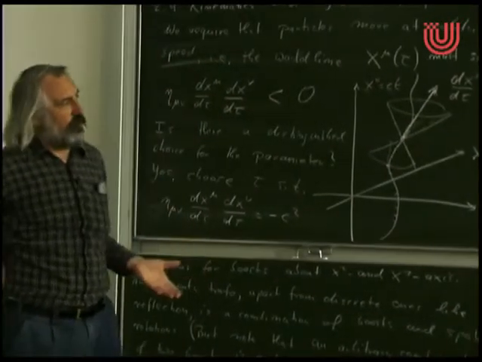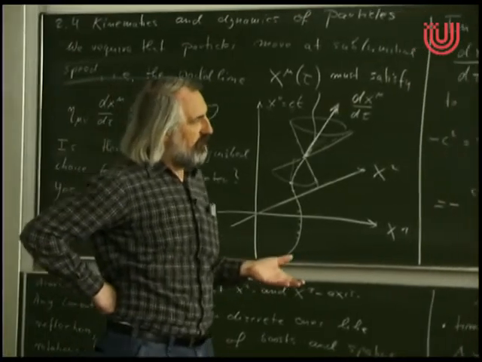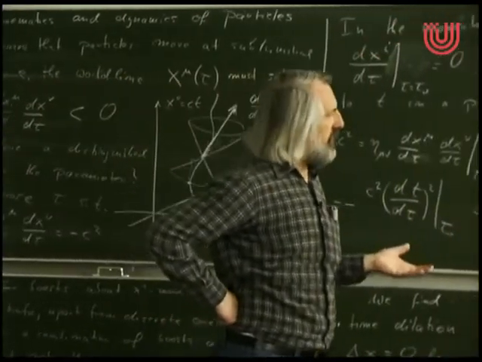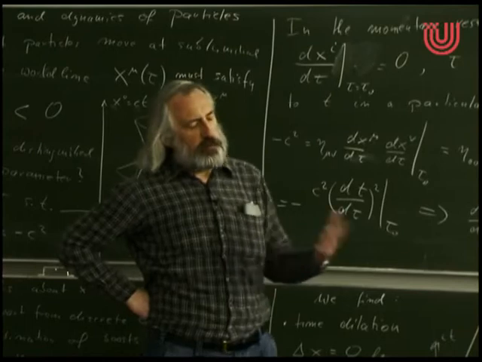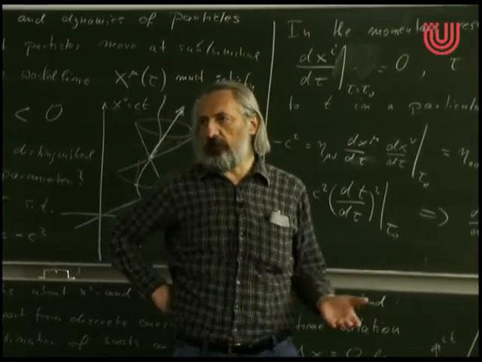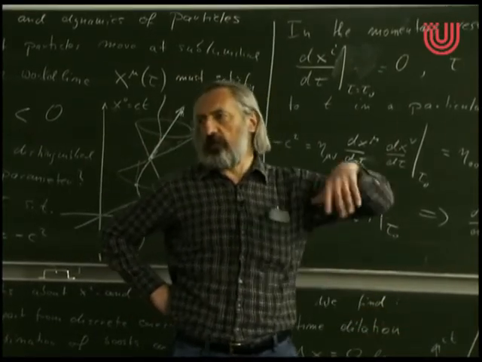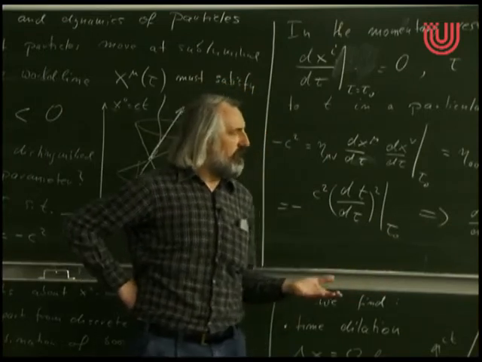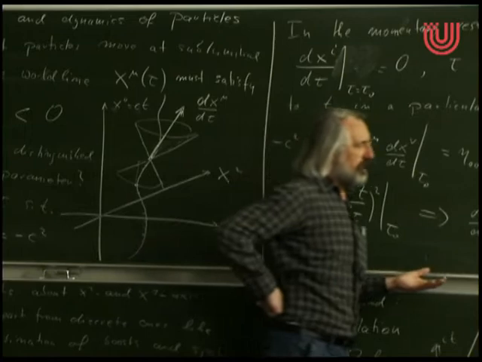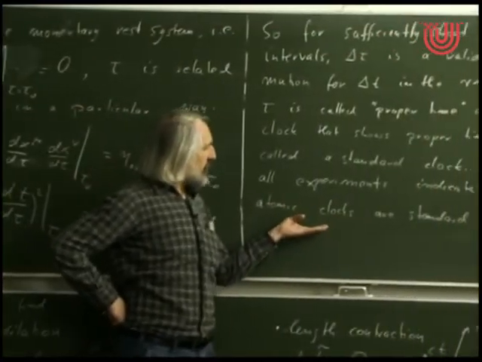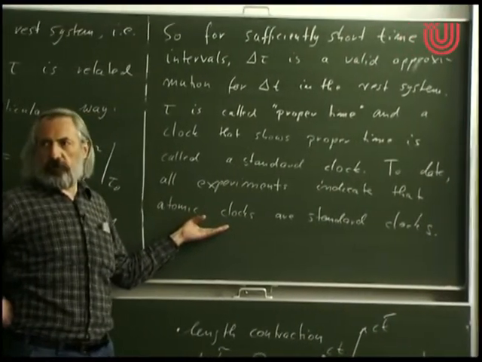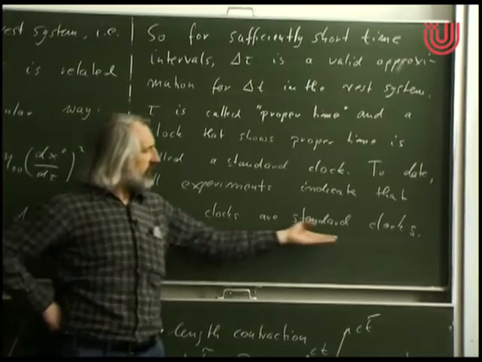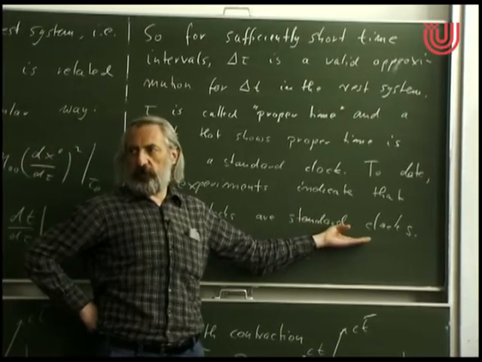So when we interpret experiments on the basis of special or general relativity, all these experiments involve the time in some way or other. Maybe frequencies are involved. Frequencies are inverse times, right? So practically every experiment involves a sort of time. And what we do is that we identify the time which is really read from atomic clocks in the experiment with the theoretical concept of a standard clock.